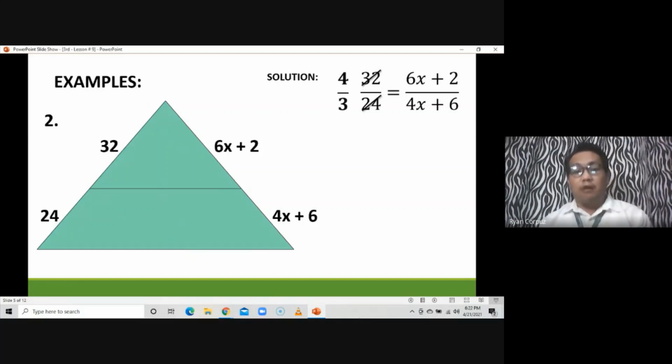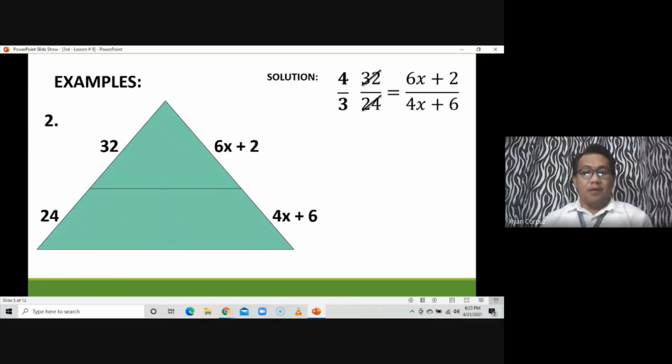So instead of 32 over 24, we will use 4 over 3.